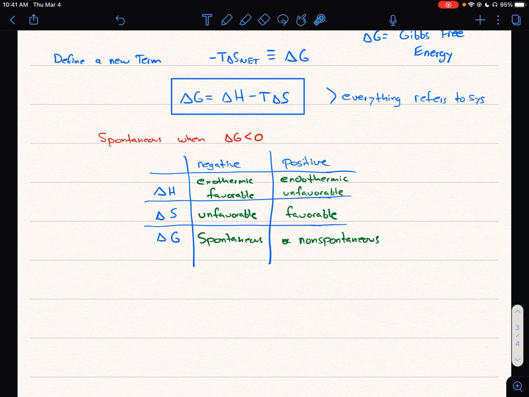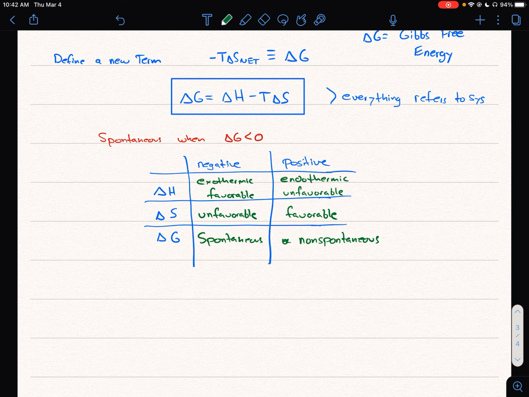So a process can be driven by delta H being very exothermic, or delta S being very positive, making this overall negative. In some cases, both are true. We might have an exothermic reaction that also has a huge increase in entropy, and that would be a very spontaneous event.